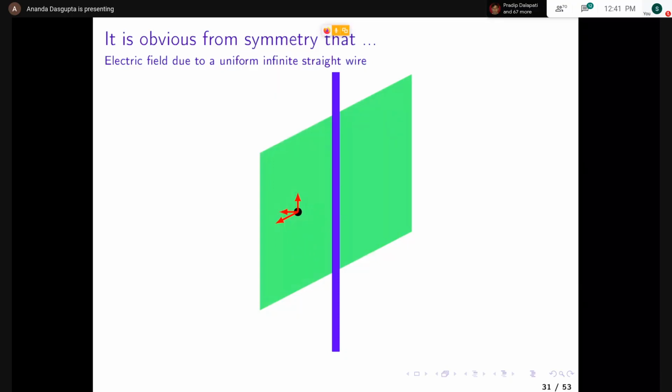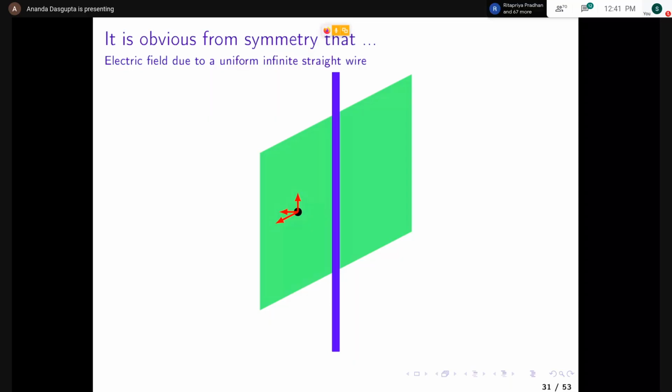Now this means that if I were to look at the system before and after the reflection, I should be able to say that a reflection has occurred because the electric field has changed. But I shouldn't be able to say that. That's what symmetry is all about. I do a transformation, and before and after everything stays the same, the wire is the same, the point is the same. So I should not be able to tell that I have done this reflection.